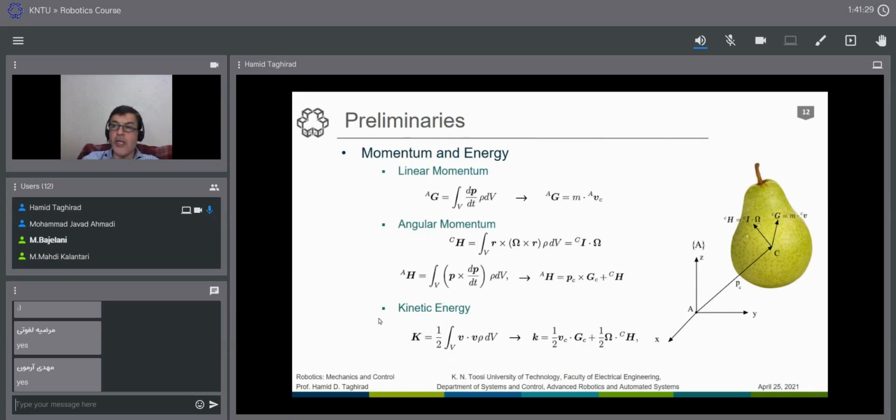And what about kinetic energy? The last part, again, we use this one and this one. The kinetic energy of a system is composed of two parts. You should learn that very, very well.